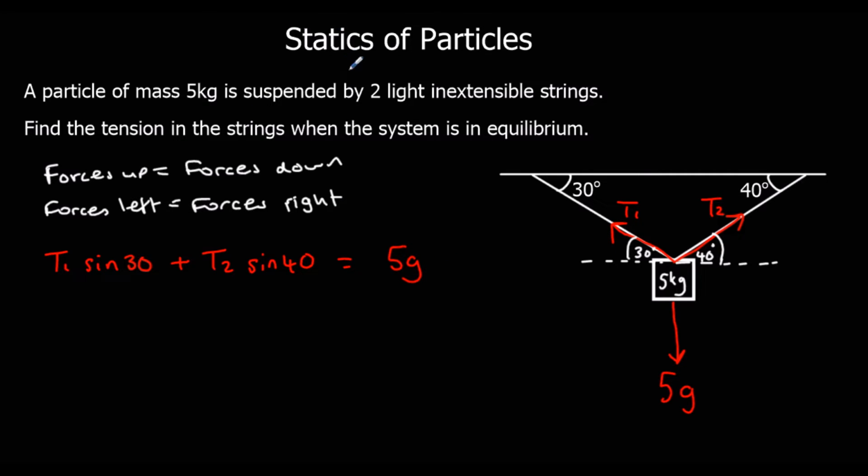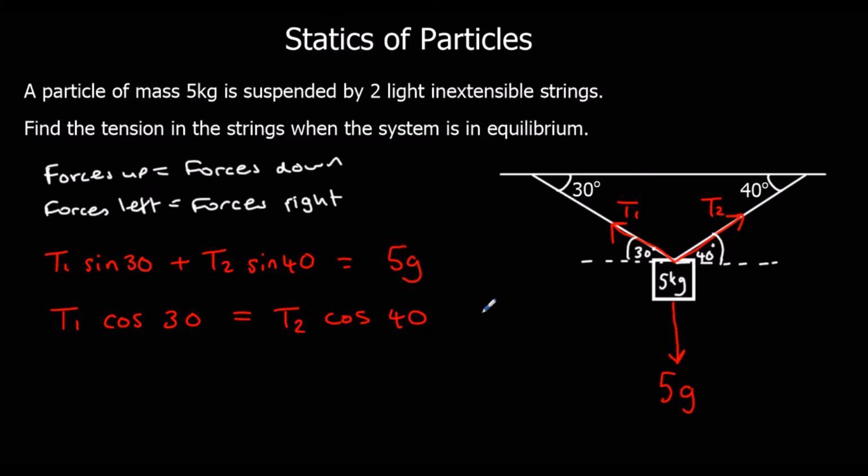And we can also say forces left equal forces right. So to the left, we've got a component of T1, which is T1 cos 30. And that equals forces to the right, which is a component of T2, and that is T2 cos 40.